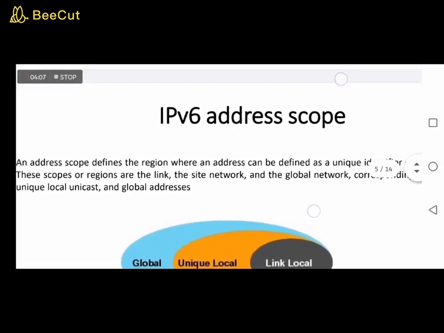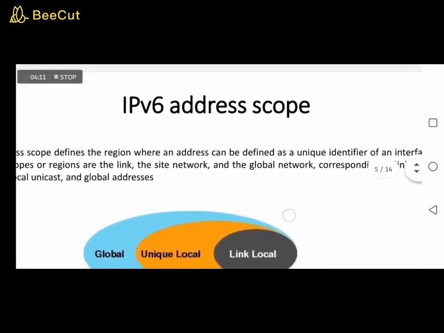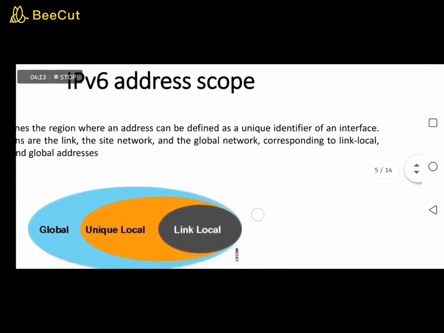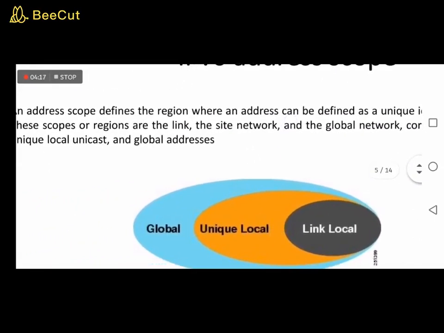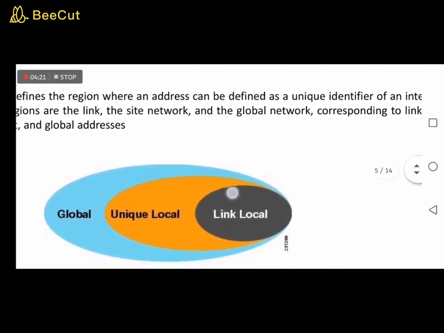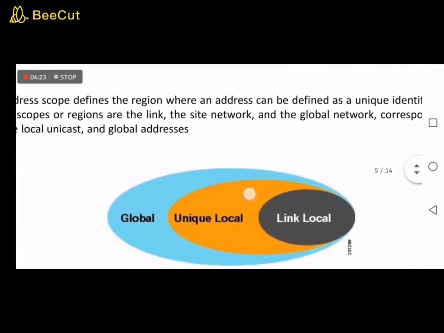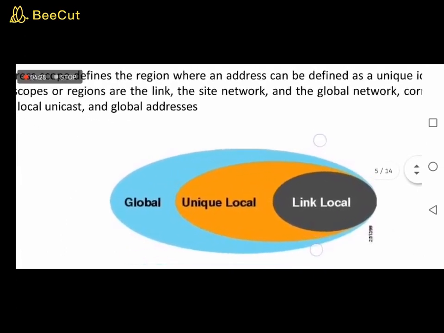IPv6 address scope defines the region where an address can be defined as a unique identifier of an interface. These scopes or regions are the link, the site network, and the global network, corresponding to link local, unique local address, and the global address.